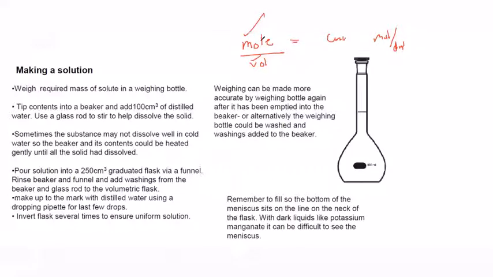How do we find the moles? For example, I want to make a standard solution, a solution of known concentration, of sodium chloride. First, we measure the mass of the solute in a weighing bottle. How can we measure the mass? We have a balance and we place the solid on the balance.